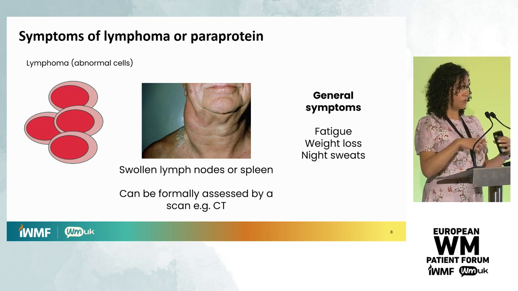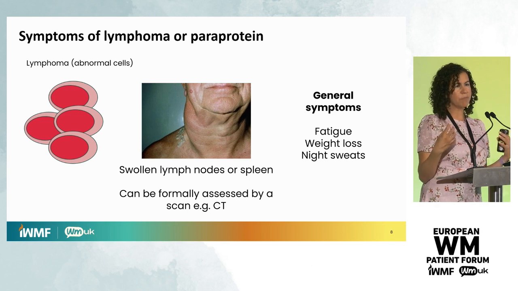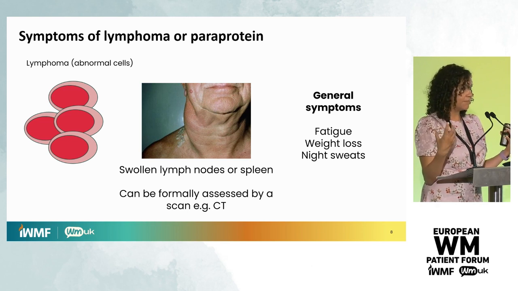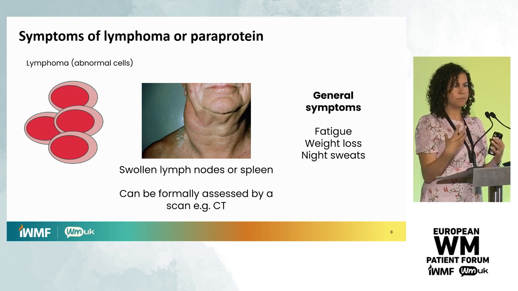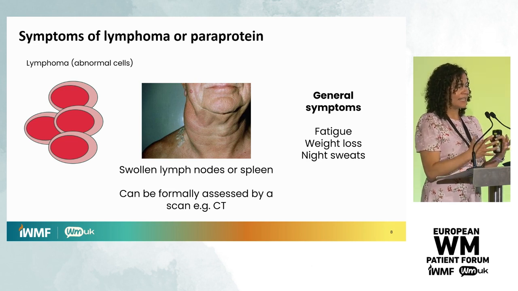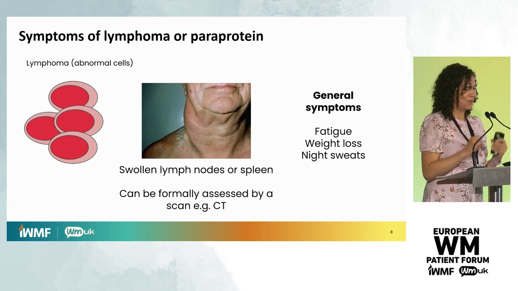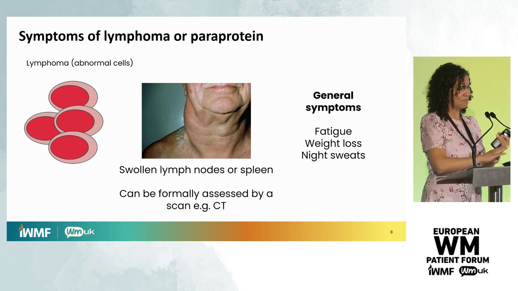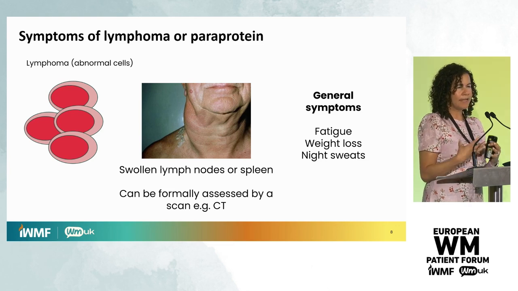But for some of you, the disease mainly presents in lymph nodes. And so some people might present with an enlarged lymph node gland, either visible or noticed on a scan that you're having for a different reason. So that's from the nodal point of view. So we've got marrow symptoms, we've got symptoms that affect your lymph nodes, and then people can get what we call generalized symptoms.